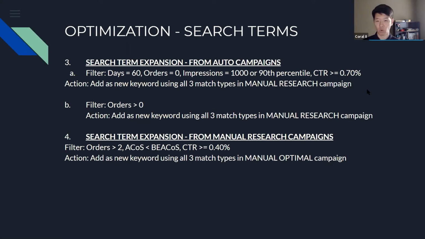We'll also look at search terms that have converted, that have generated one or more orders, and we'll take the same action. We'll add these search terms as new keywords using all 3 match types in the manual research campaign.